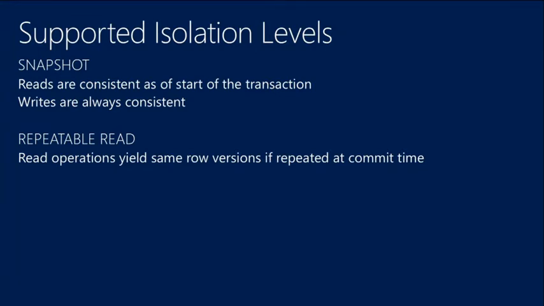So any row you read in your transaction does not change before commit. So you cannot have that you read row A and another transaction comes in and changes that row. No, if that happens, you actually have a repeatable read failure which you detect at commit time, and you will fail to commit at this point.